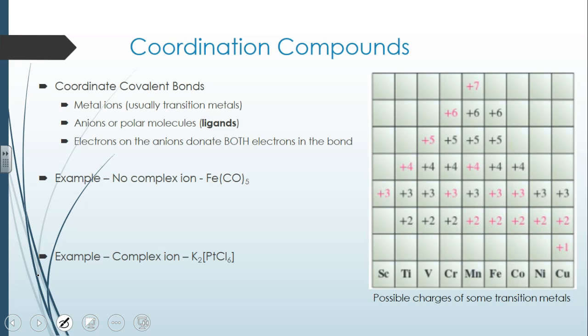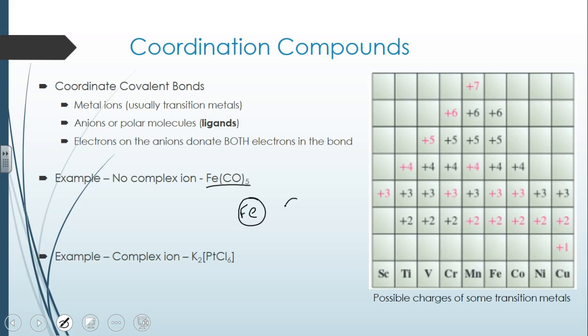So for example, here is this compound right here. This is iron pentacarbonyl. Okay, so here's what happens. So you have an iron ion, or actually this is an iron atom. More on that later.